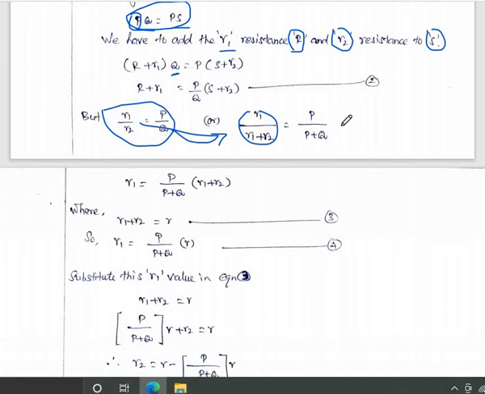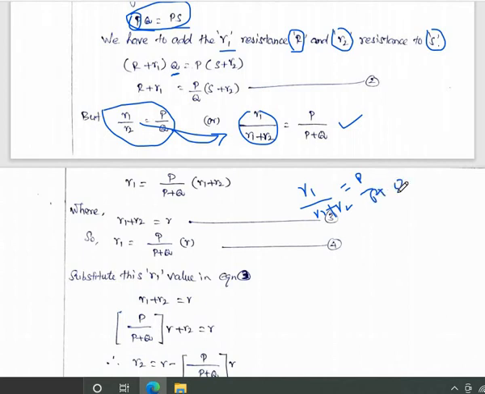It is a general equation, a common equation: R1 divided by R1 plus R2 equals P divided by P plus Q. Already it is a known value, P divided by P plus Q.